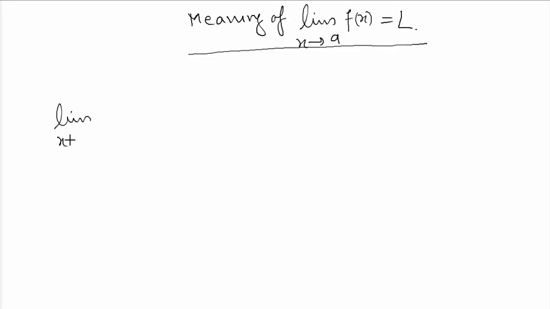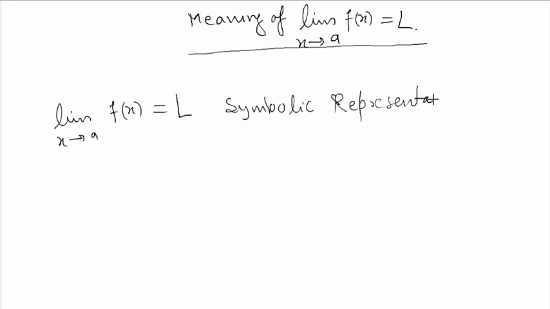Limit x tending to a, f of x equal to l. This means that as x approaches a, the value of function f of x approaches the value l. So this is the meaning. As x approaches a, f of x approaches l.